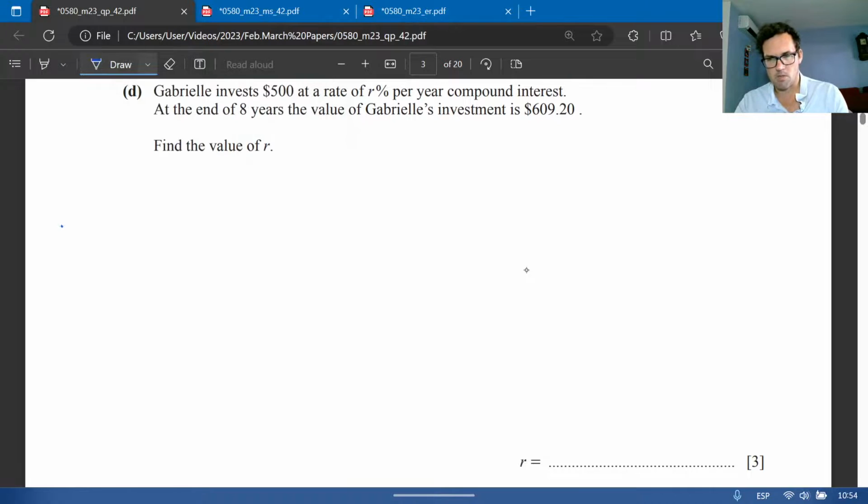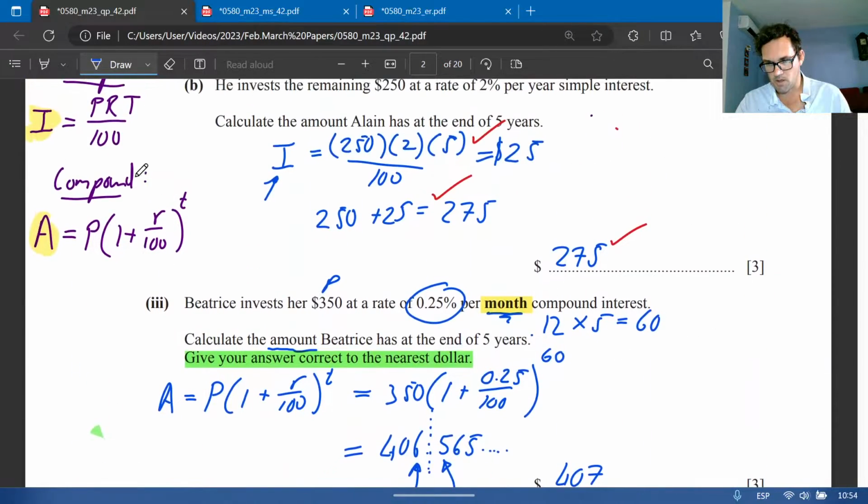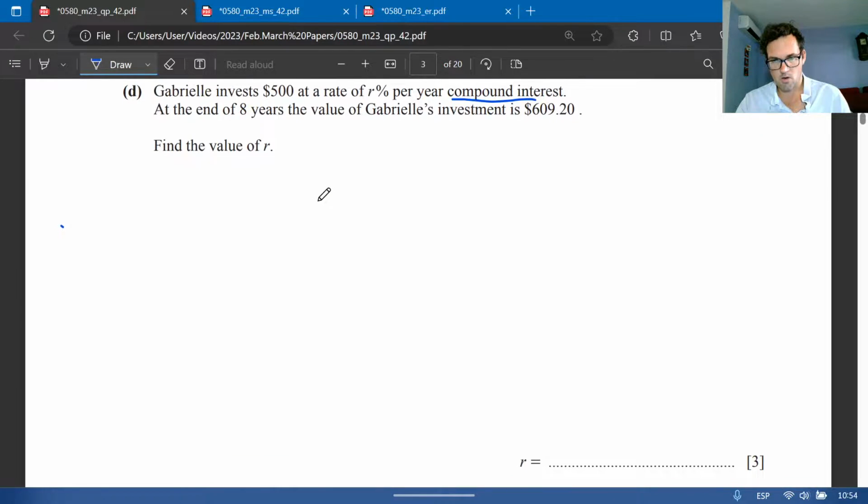Okay, it seems complicated, but again, we're doing compound interest, so we just use the compound interest formula and we write it down. Okay, first sentence, compound interest, write it down. So compound interest is the amount equals P times 1 plus R over 100 to the power T. Then we just put in there what we know.